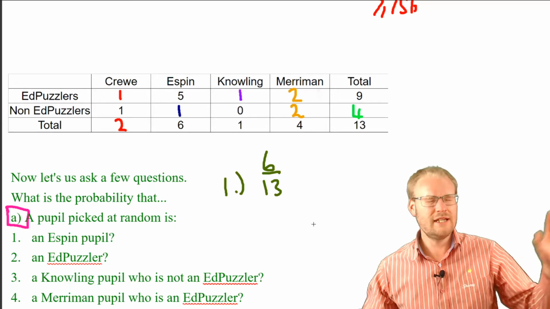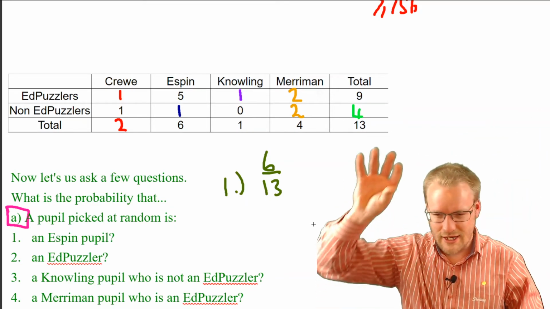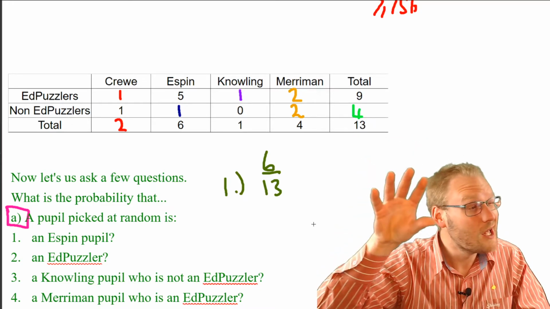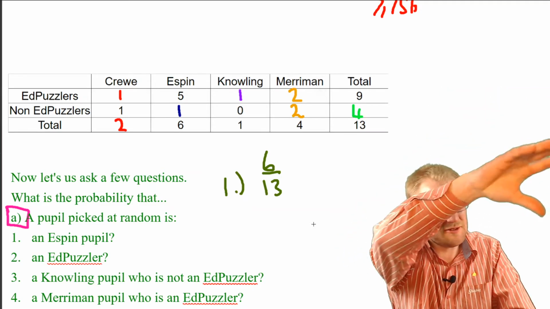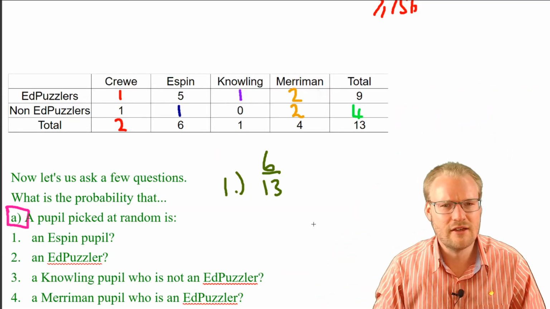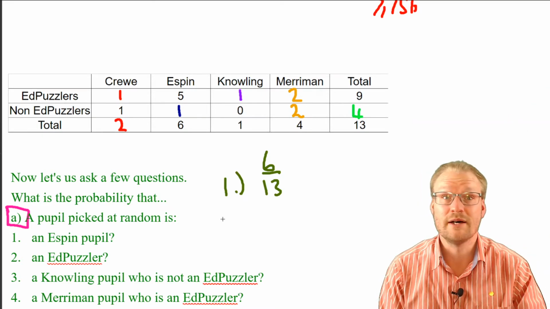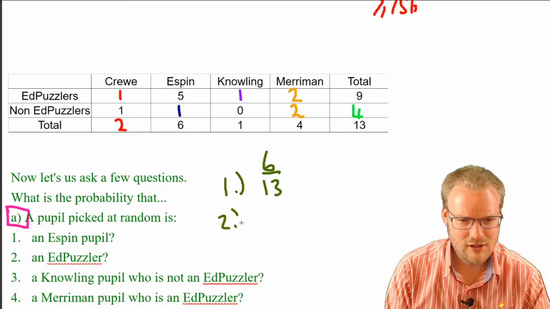Okay, now second one. What's the probability? Everyone shuffled around, and I'm picking at random, not cheating, and I say, there we go, second from the back. What's the probability that I've picked an ed puzzler? Let's run through it.